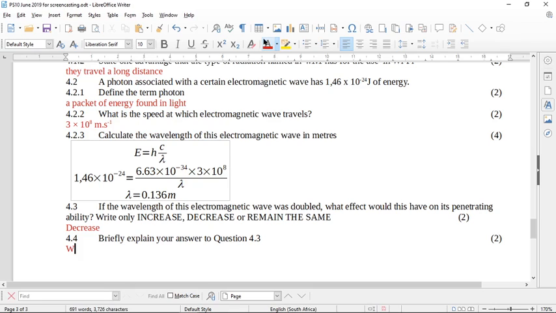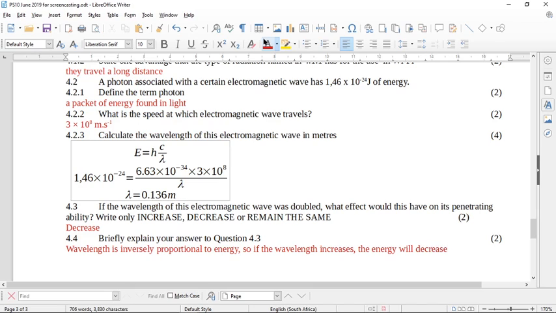So for instance, you can say wavelength is inversely proportional to energy. We want to first state that we know that. So if the wavelength increases, the energy will decrease.